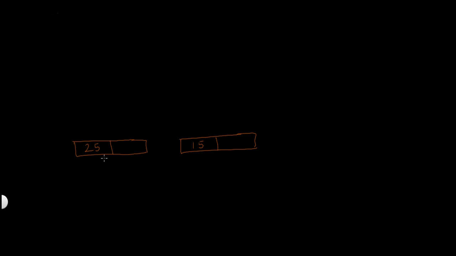Each node will have an address because each node is occupying some space in memory, and anything that occupies some space in memory has to have an address. So let's say the address of this node is 1002 and the address of this node is 1006.